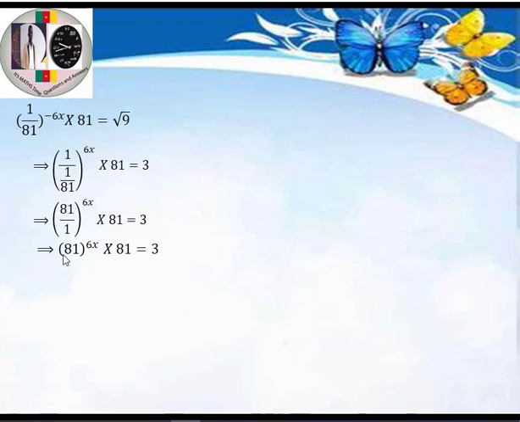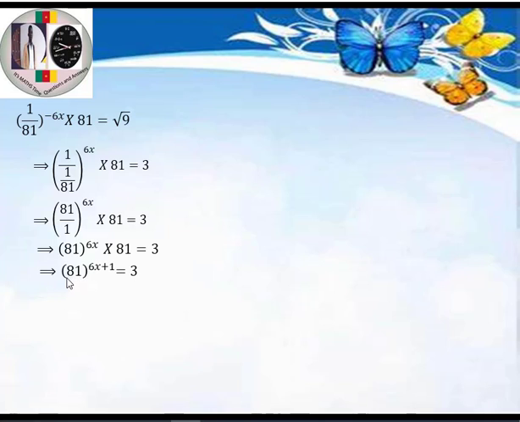The bases are 81 and 81, and the powers are 6x, and 1 here. That's why it's not written. So we add these powers because the bases are equal, to give us 81 power 6x plus 1 equals 3.